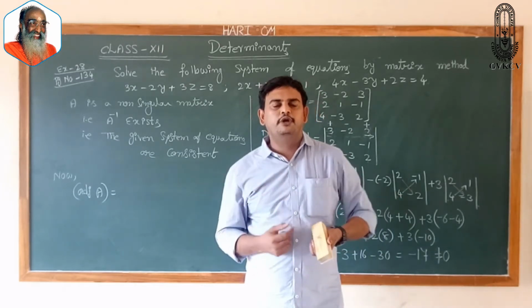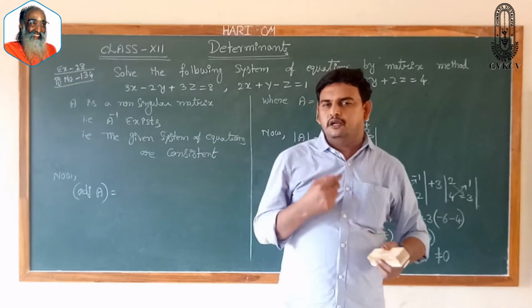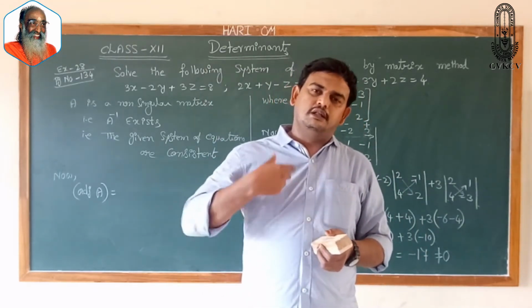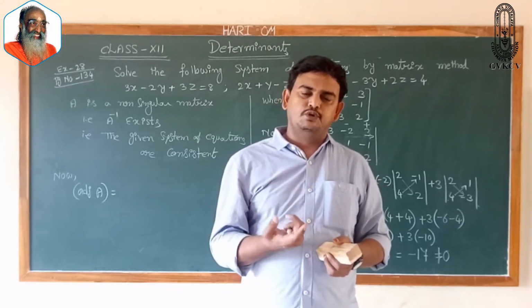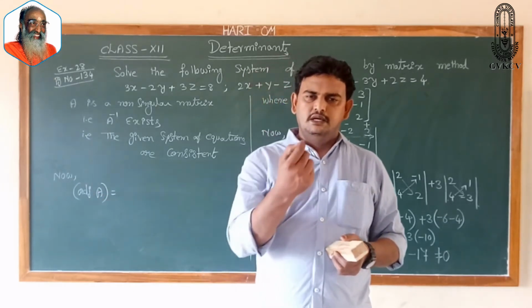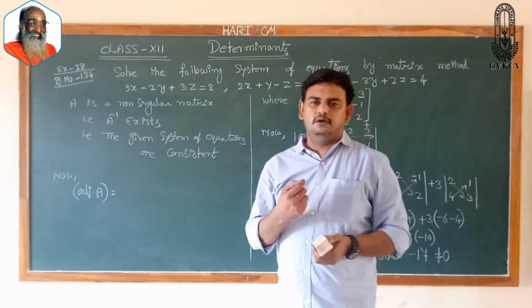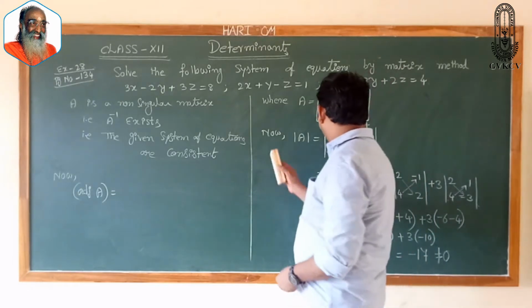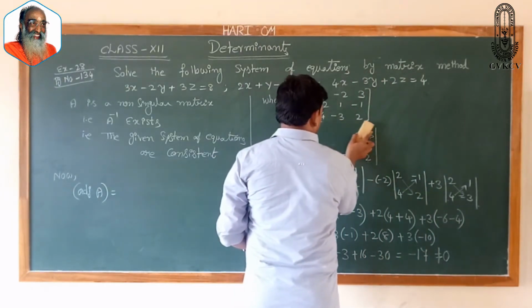Now, what I am going to explain to you: instead of finding every element's cofactor, then finding the cofactor matrix, then finding its transpose, doing all unnecessary calculation, we have a simple technique. Let us just observe it. How to find the adjoint of A. Very easily we can do it.